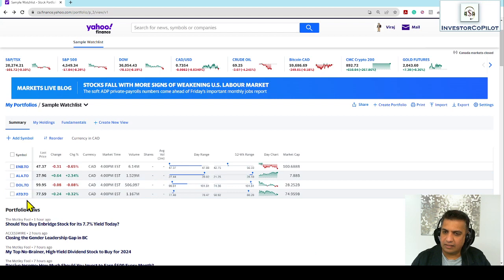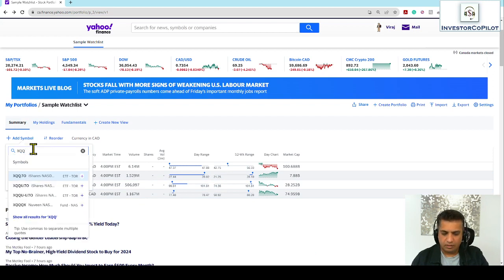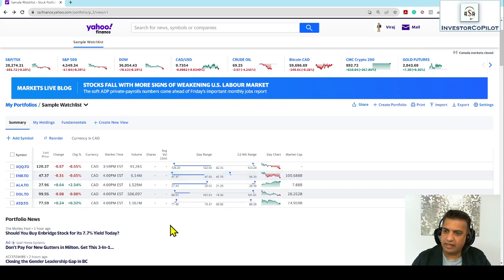So that is the recommendation on stocks. Now let's look at a couple of ETFs. The first one is XQQ.to. This is an iShares ETF. I recommend this because this is the Canadian hedged version of the ETF QQQ, which is an American ETF, and it basically follows the NASDAQ index and US markets.